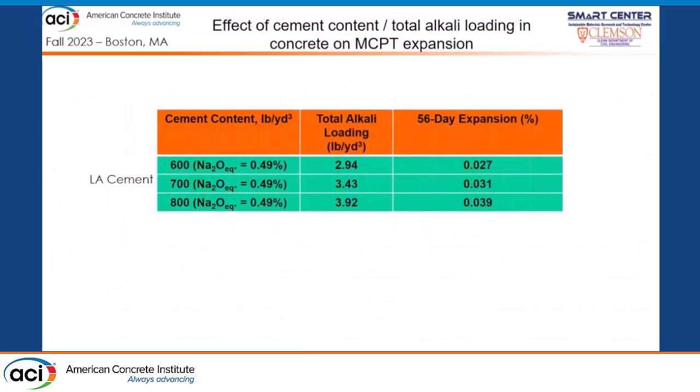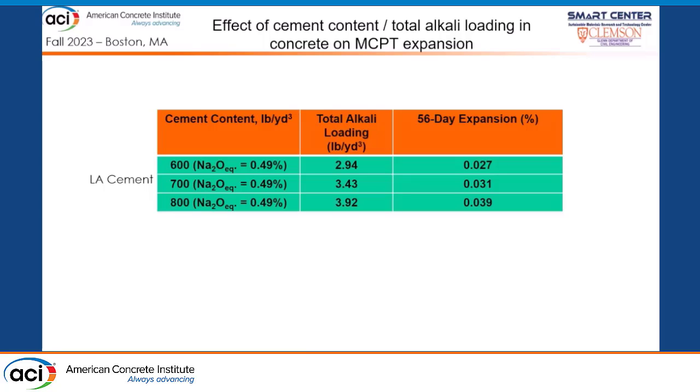The other aspect of this, what we ran was looking at both the cement content in these mixes as well as the alkali loading. So just to get a spread of data, we looked at a low alkali cement with a 0.49% sodium oxide equivalent.